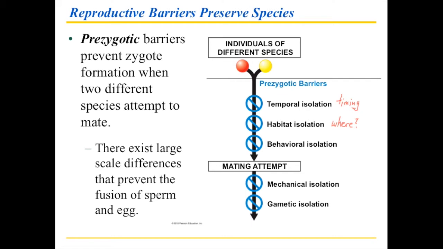An example for this would be the calls of different species of frogs. If you think of how frogs call, in some cases you'll find that there are subtle differences, and the females of each species are tuned only into the exact kind of frequency of sound that the male of the same species makes.